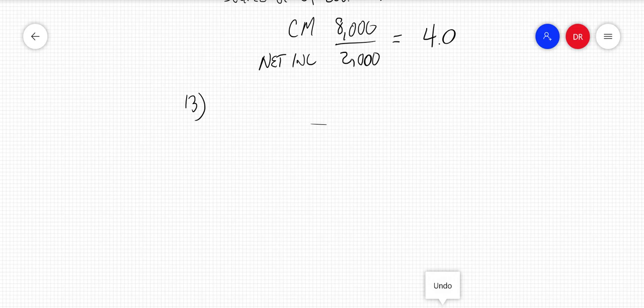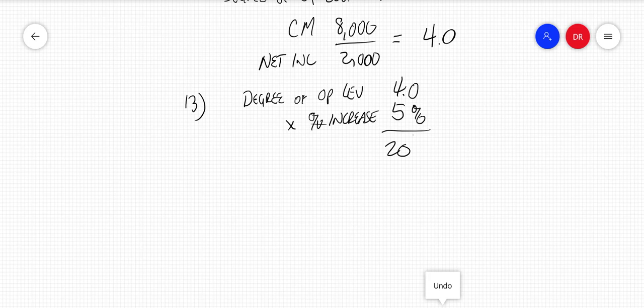Well, basically, you take the degree of operating leverage (4.0) times the percent increase in sales of 5%. That means you'll have a 20% increase in net income. So that gives you the increase in net income using the degree of operating leverage.